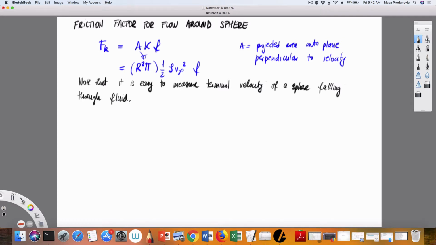Let me quantify easy. You also have to make sure that the sphere is not rotating or doing anything funny, that it's actually just moving straight. In theory, it's relatively easy. In practice, I assume there's quite some fun making sure that the sphere is falling nicely without doing anything else funny, other than just falling down.